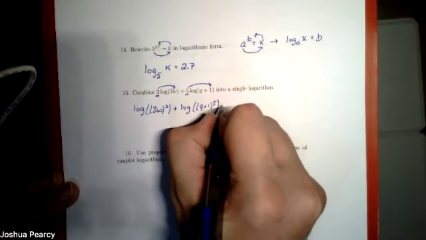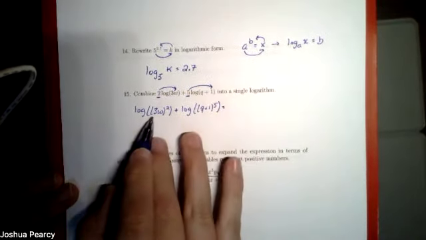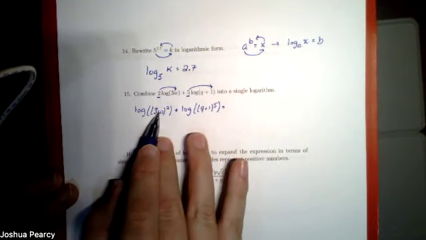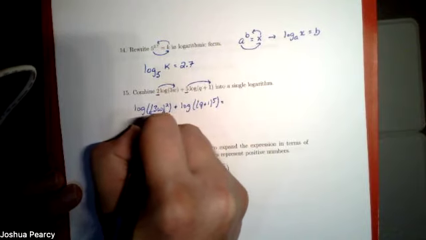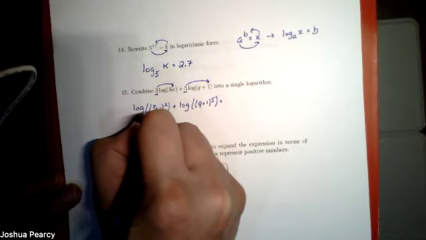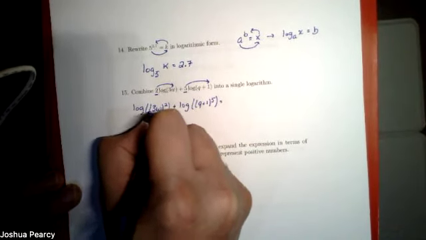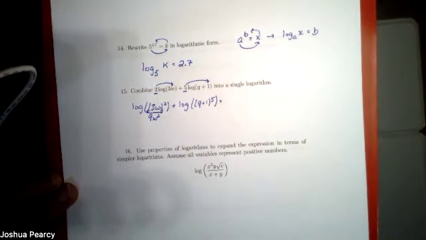Now, if you want, you can rewrite what this is. This is 9w squared right here. So this is 9w squared. I'm just going to note that right here.